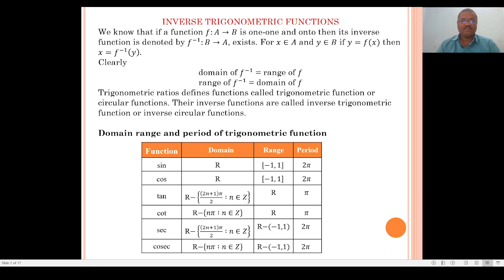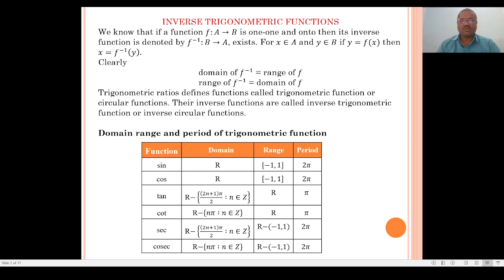pi radian. For the function sec, domain set is denoted as R minus {(2n plus 1) pi upon 2 such that n belongs to Z}, and R minus open interval -1 to 1 is the range set and its period is also 2 pi radian.